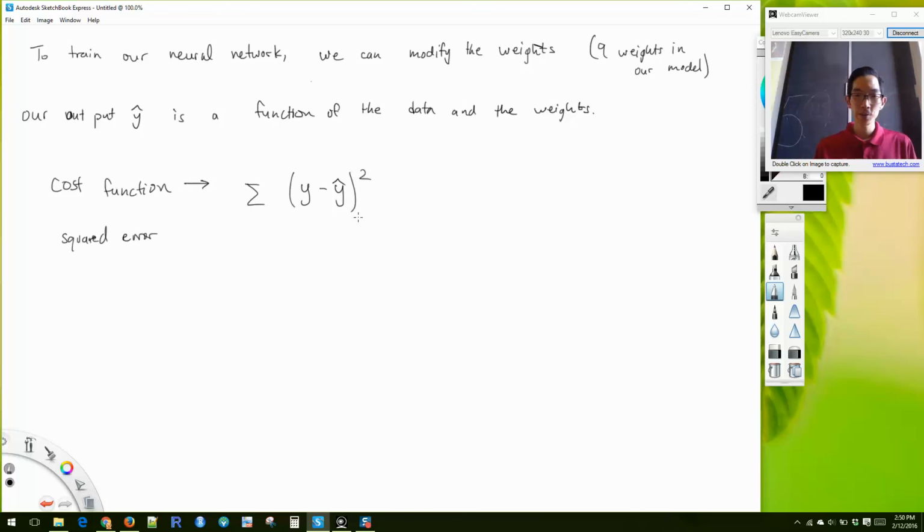If we think about this, we have our inputs and then we have our predictions. If we fully expand the prediction, we can write it as a function of our data and weights.